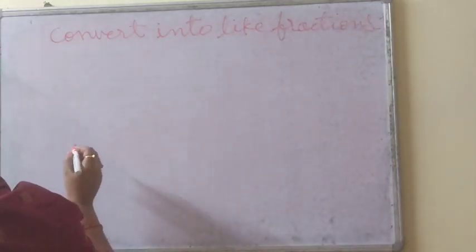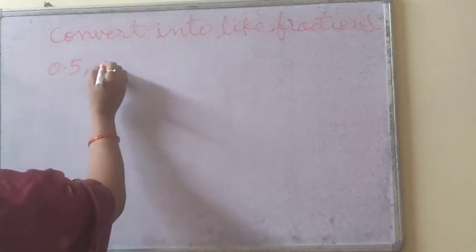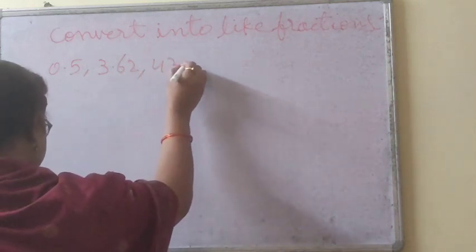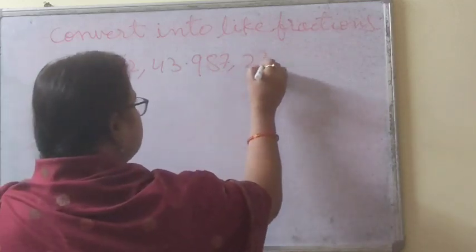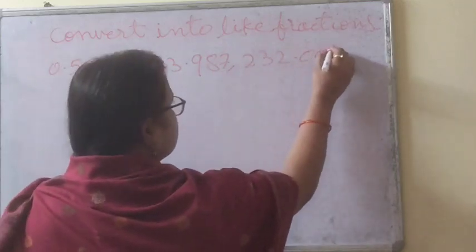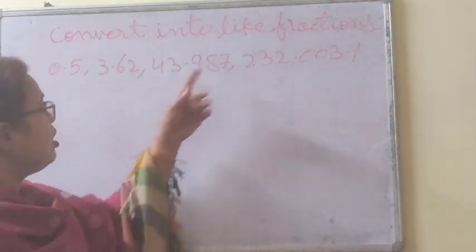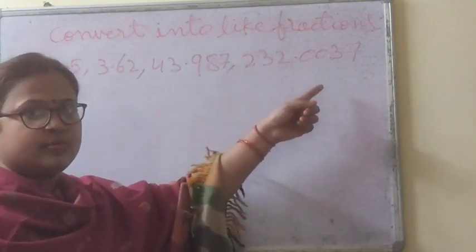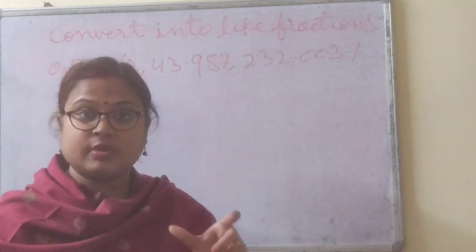So like 0.5 is here, 3.62 is here, 43.987 is here, and 232.0037 is here. Clear? These are the numbers. Then how will we convert them into like fractions, because all are decimals? So in this, first we will see the maximum number of decimal places.